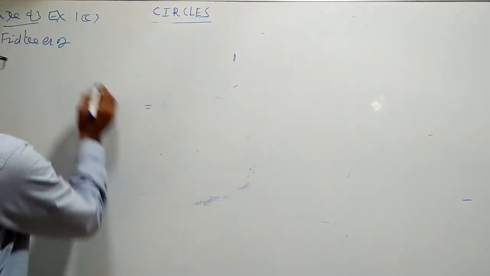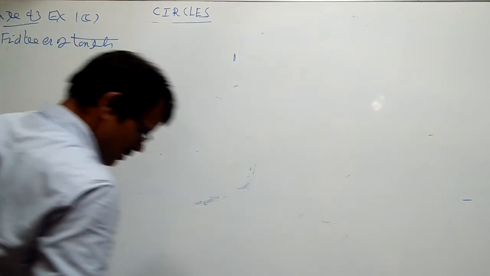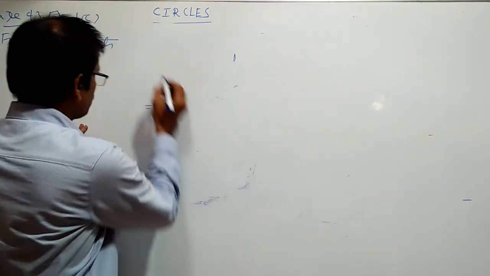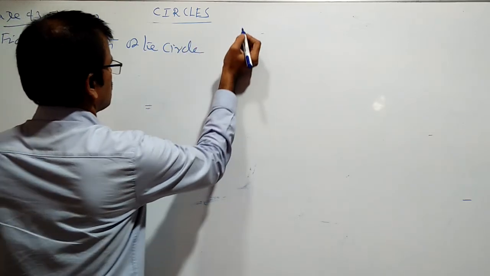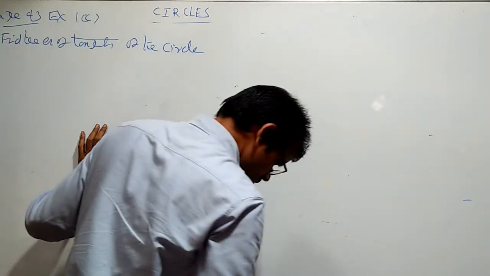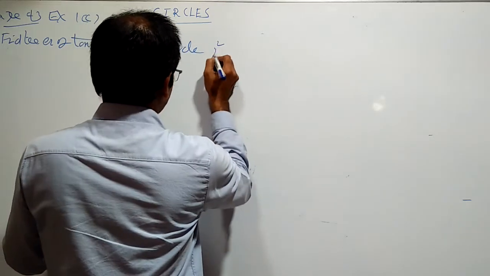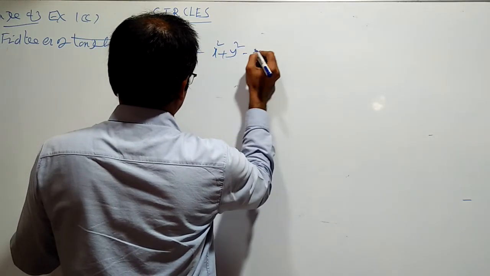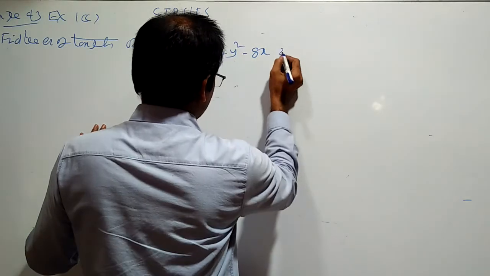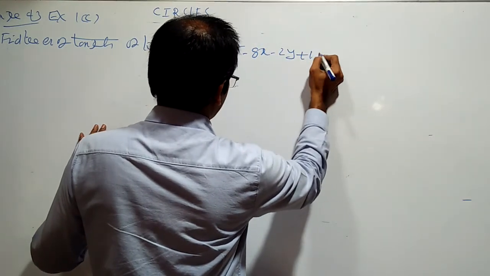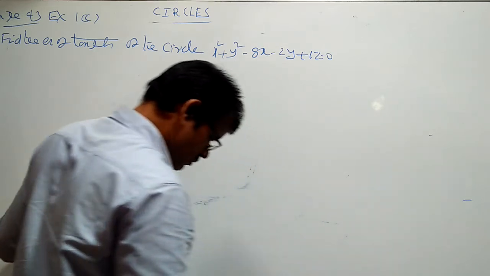Find the equation of tangents of the circle x square plus y square minus 8x minus 2y plus 12 equal to 0.